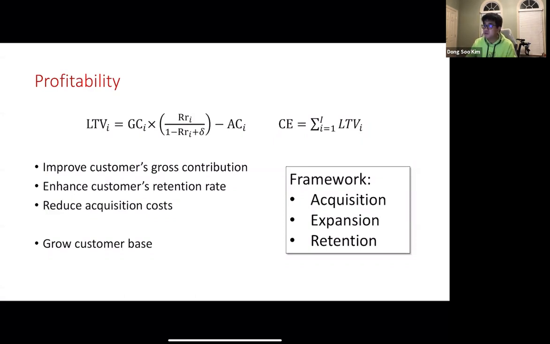In addition to those three goals, there is another important factor of profitability. That is the size of customer base. Although customers' lifetime values are high enough to generate positive profits continually from each customer, the realized total profit may not be enough to continue the business if the customer base is so small.